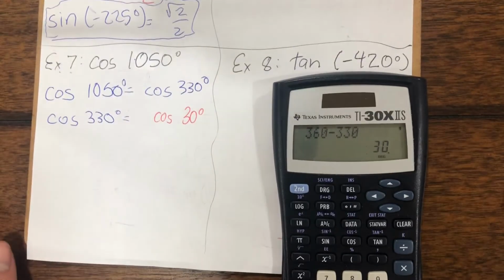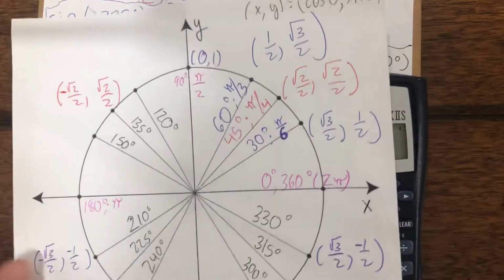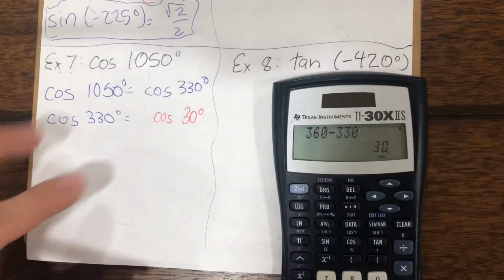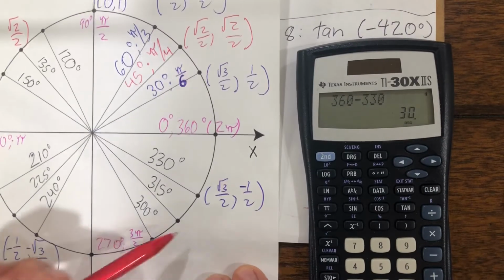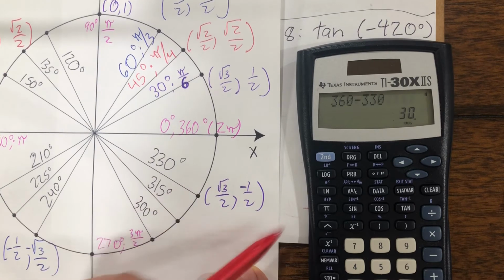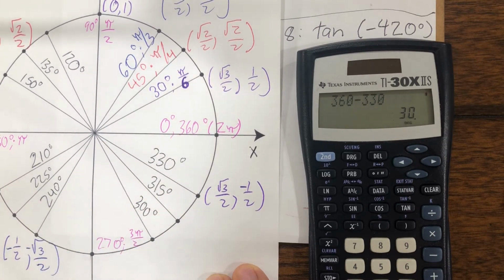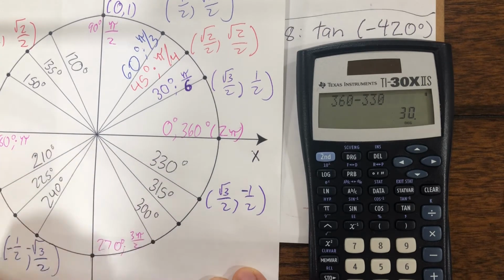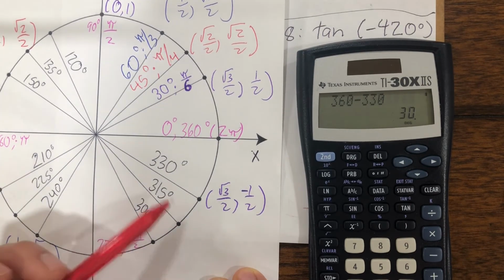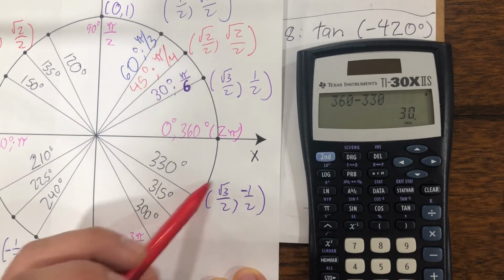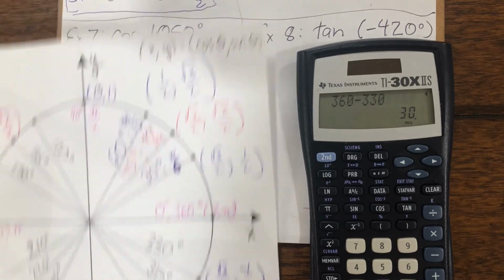Now, it may be the exact same or not, depending on what the sign of the output is going to be. So we have cosine of 30 degrees, and luckily we already did the copy and paste format for the x and y coordinate for 330 degrees. So my cosine, which is the x coordinate for this point, is root 3 over 2, and it's a positive value.